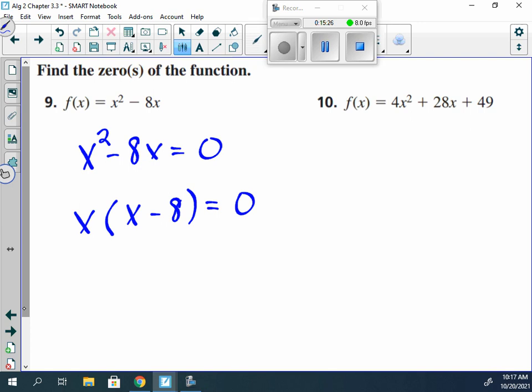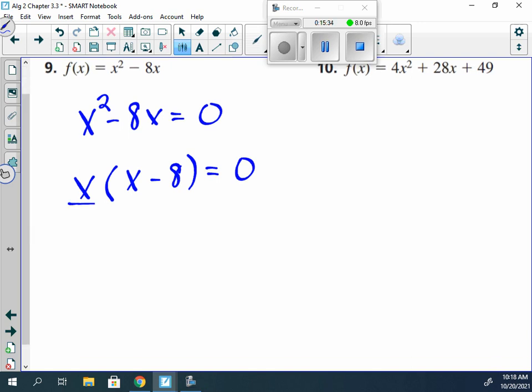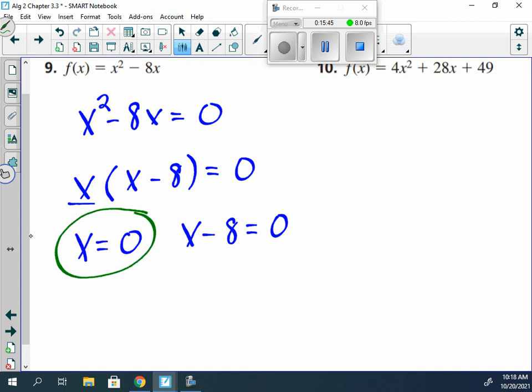Now, factoring the x out, do I have two things multiplied together that equal 0? Well, yes. So that means that either here x is equal to 0, or x minus 8 is equal to 0, okay. We got one of them already, x equals 0.